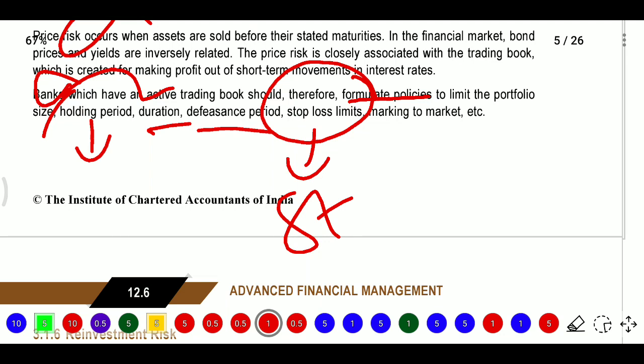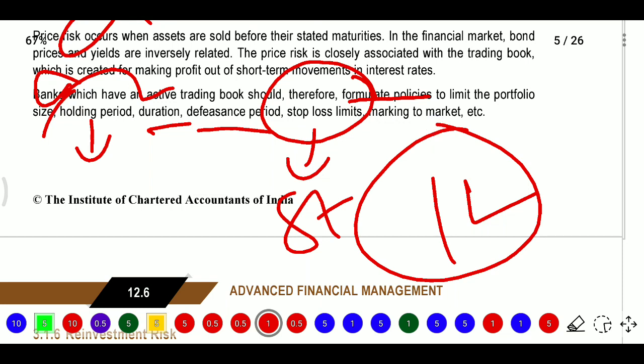And marking to market means, in the stock market, we have a daily settlement option. In the daily settlement option, if you have any contract value, we should not pay the full amount. For example, if we have a contract value of 1 lakh, we need to pay just the margin amount.